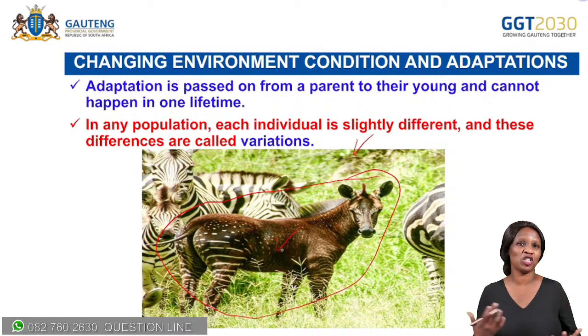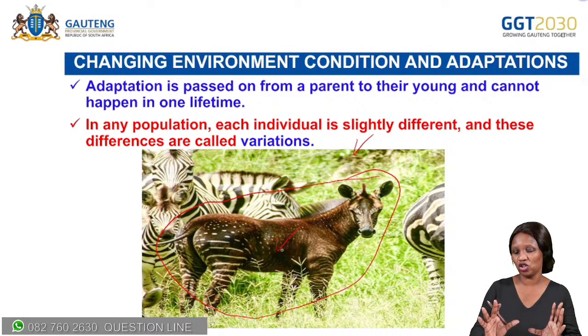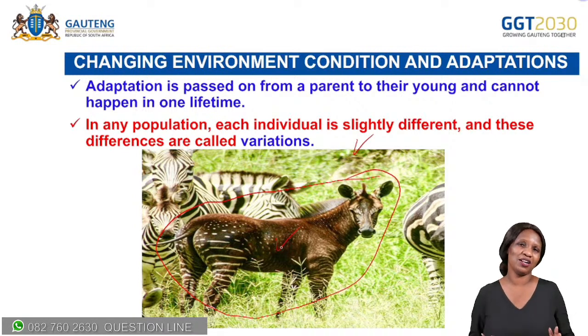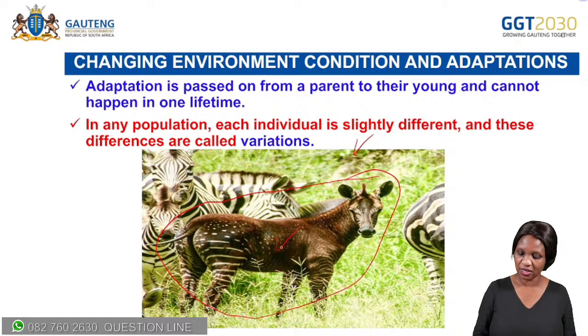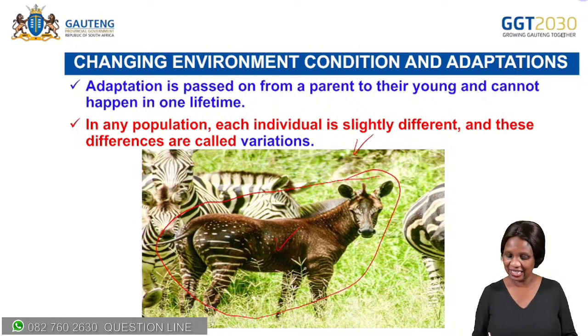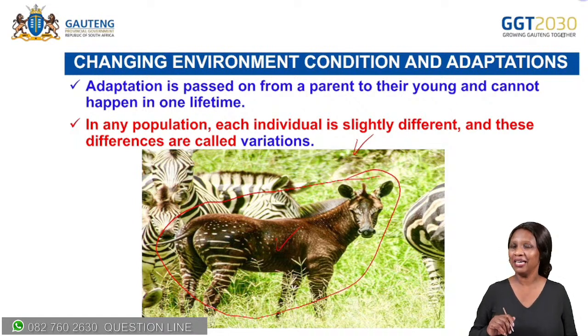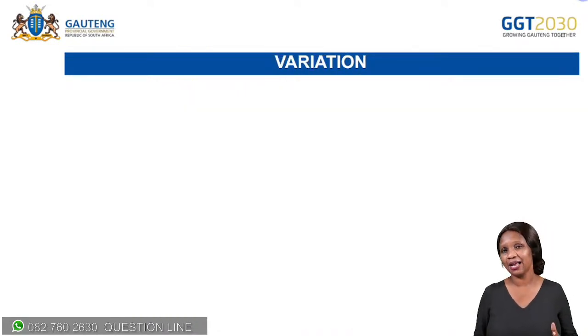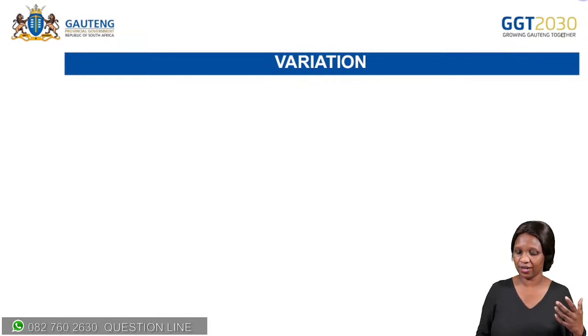That is adaptation. It is passed from generation to generation, because this zebra is going to have a young one and its young one is going to have a young one. Then it is passed from generation to generation. And these variations, at times, they make animals to survive better. All right.